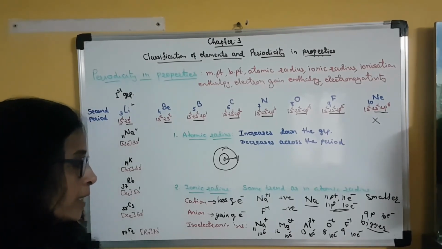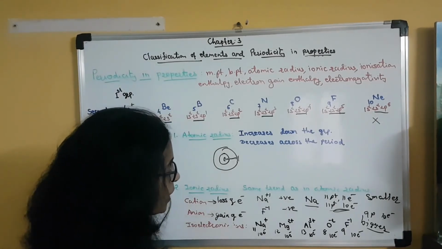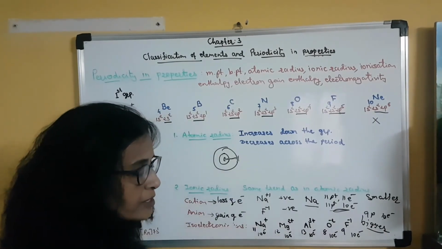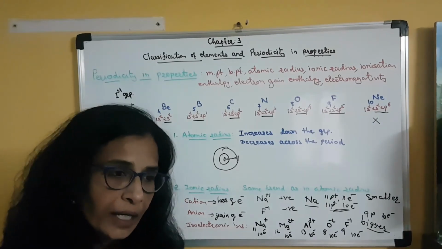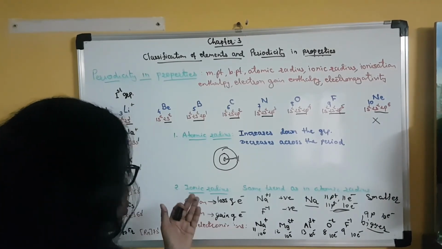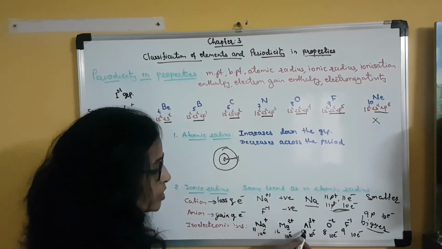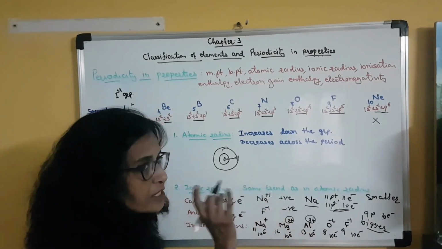Clear? So here, though these 5 are isoelectronic ions, they will have different ionic radii. Clear? Okay. Now here you can also be asked another type of question, that you may be given these 5 ions and asked which of the following is the correct order of increasing ionic radius. Then what you have to remember: for positive ions, larger is the charge, smaller is the size.